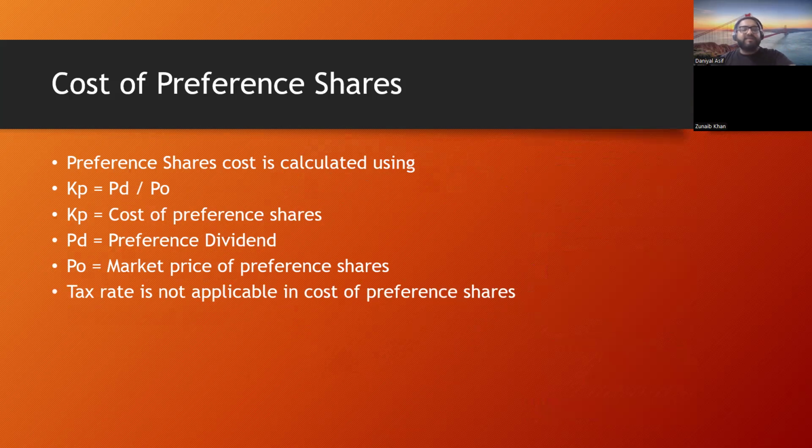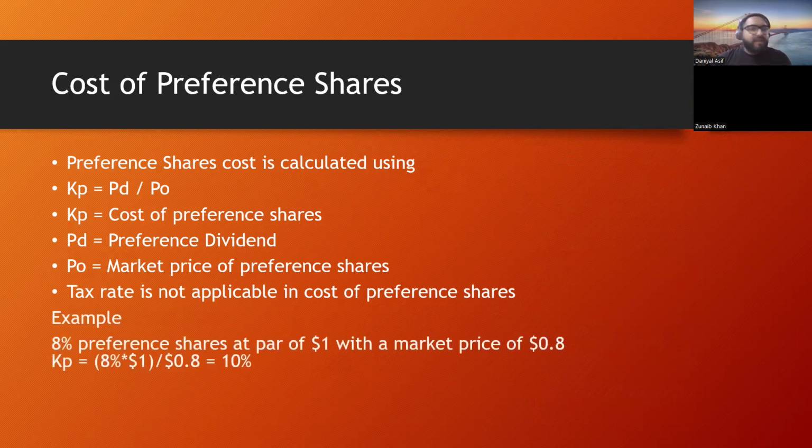Tax rate in this case is not applicable in cost of preference shares because it is not taxable. An example can be if there are 8% preference shares in your company at a par value of $1 with a market price of $0.8. Your KP will be 8% multiplied by par value because dividend and interest is paid on par, divided by your market price, which is 10% in this case.